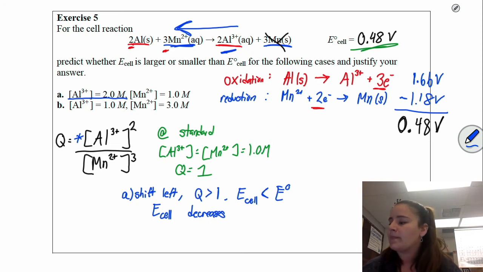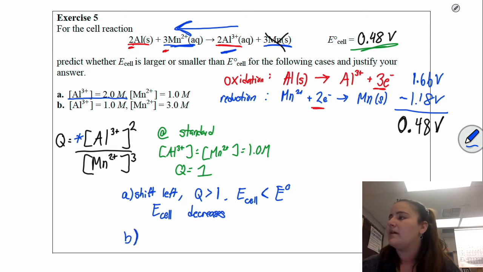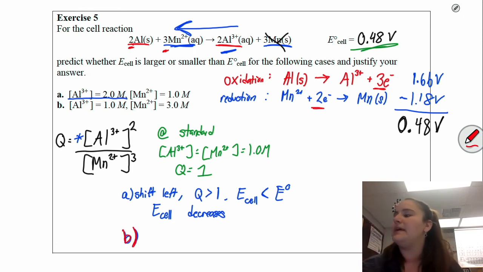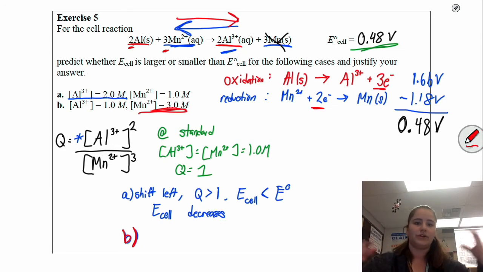Now if we look at B, let me change colors here. I'll use red for B. We have Mn2+, which is 3.0. That is going to shift the reaction in the opposite direction. When you increase one, it shifts the other direction. It speeds up the rate of the forward reaction.